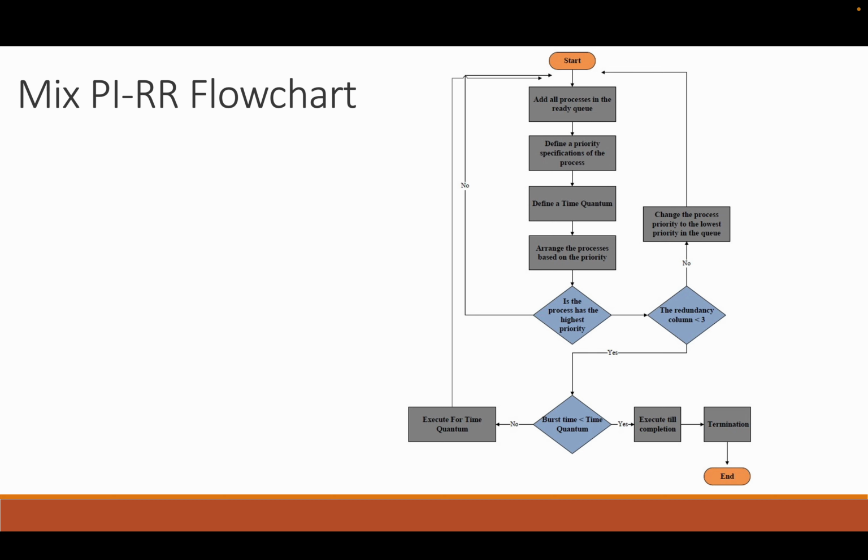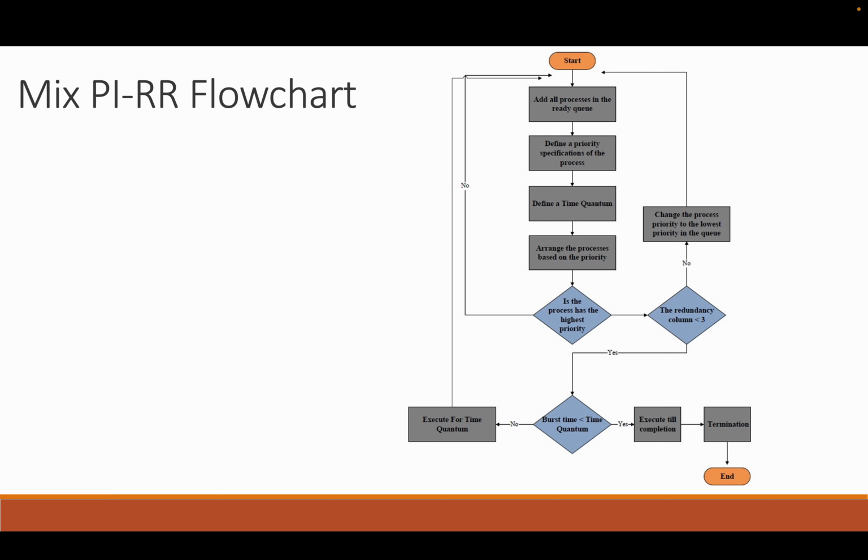Next, the processes are arranged based on priority. If the current process has the highest priority, then it is placed in front of the queue. If the process does not have the highest priority or if its burst time is greater than the time quantum, it is allowed to execute for the duration of the time quantum.